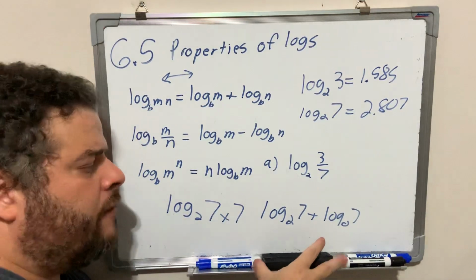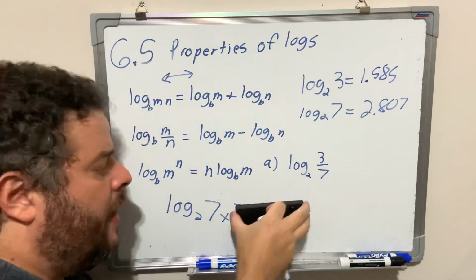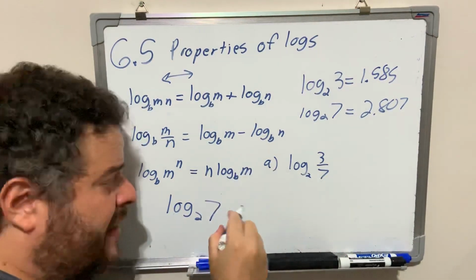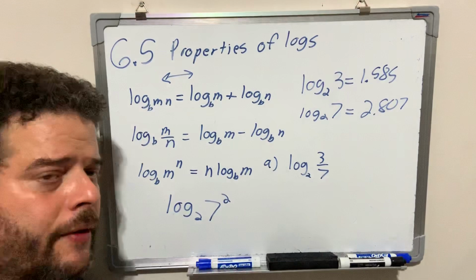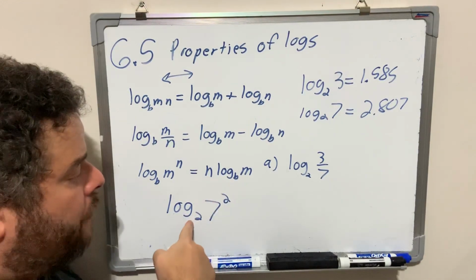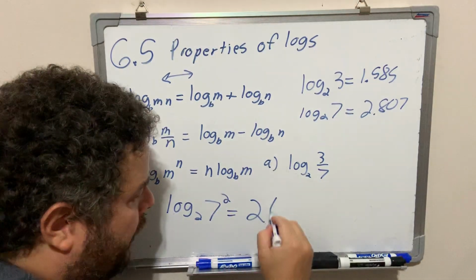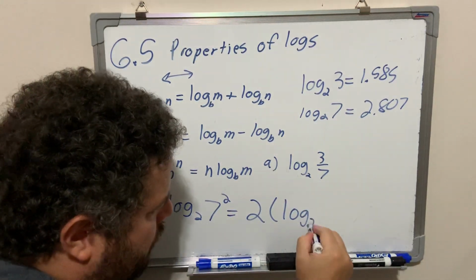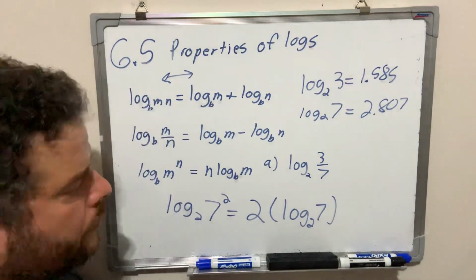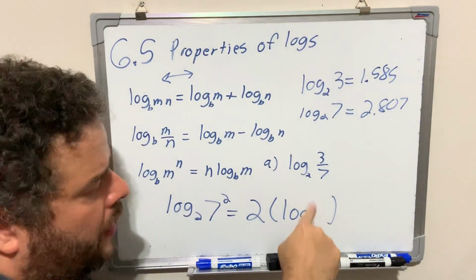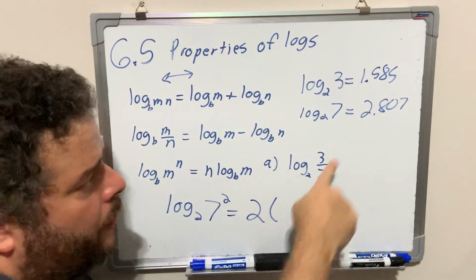But it's faster if you use the exponents and then multiplication. Again, 7 times 7 is the exact same thing as 7 squared. Since this is a power inside a log, all I have to do is bring the 2 up in front. The 2 is now multiplying. And now I substitute my log base 2 of 7 for its value.